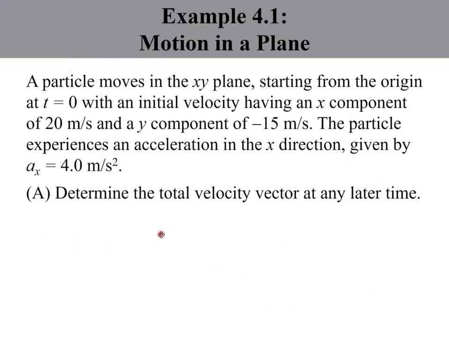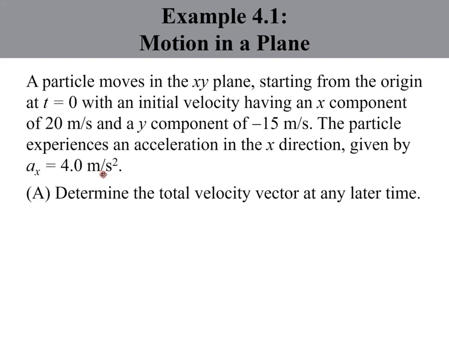Example 4.1: a particle moves in the xy plane starting from the origin at t equals 0 with an initial velocity having an x component of 20 meters per second and a y component of negative 15 meters per second. The particle experiences an acceleration in the x direction given by ax equals 4 meters per second squared. Part A: determine the total velocity vector at any later time.